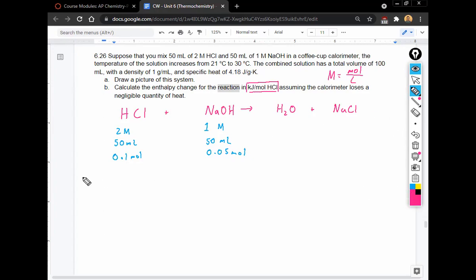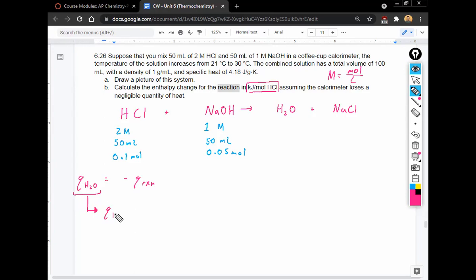Earlier we said that the energy absorbed by the water has to equal the opposite of the energy released by the reaction, because in order for the temperature of the water to go up, the reaction needs to release energy. So we're going to use the information we have about water to figure out information about the reaction.